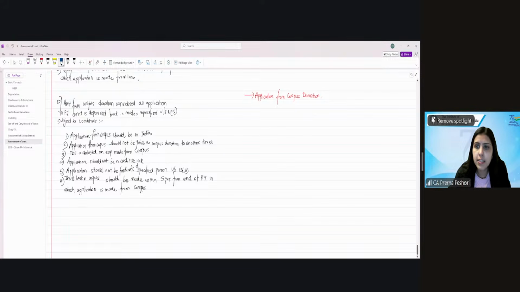So let's say, for example, rupees 10 lakh is received as voluntary contribution with the specific direction that it shall form part of the corpus of the trust and shall be utilized for the purchase of building.